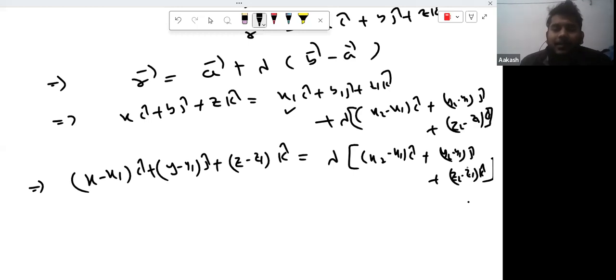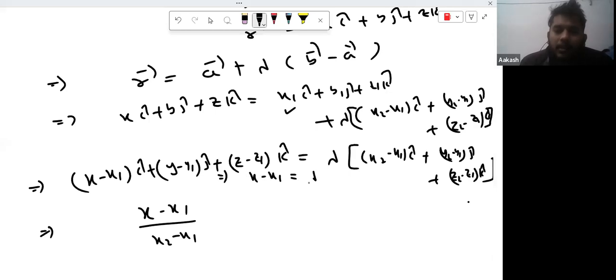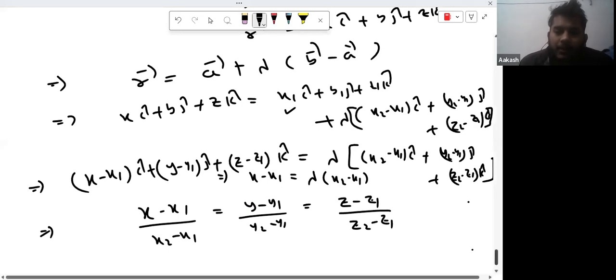If we compare the same components, x minus x1 should equal lambda times (x2 minus x1). So lambda equals (x minus x1) upon (x2 minus x1), and this equals (y minus y1) upon (y2 minus y1), which equals (z minus z1) upon (z2 minus z1).